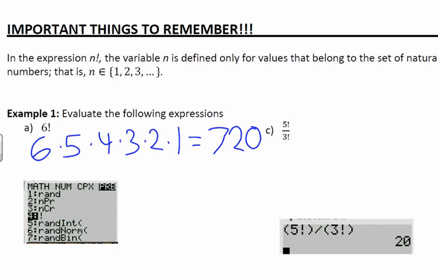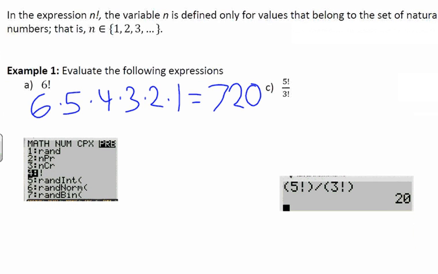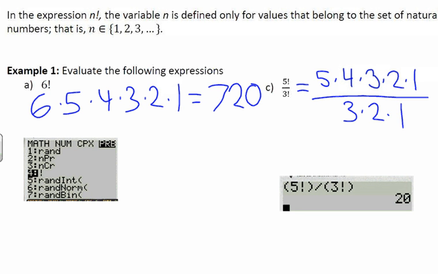Let's take a look at question C here. If we just evaluate this on paper, if we expand it out, we have 5 times 4 times 3 times 2 times 1 over 3 times 2 times 1. Before you multiply these out, you can see that there are things that we can cancel out, right?